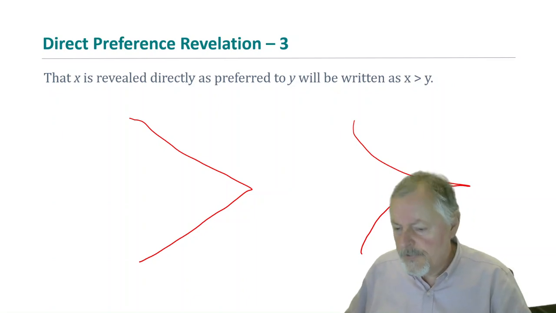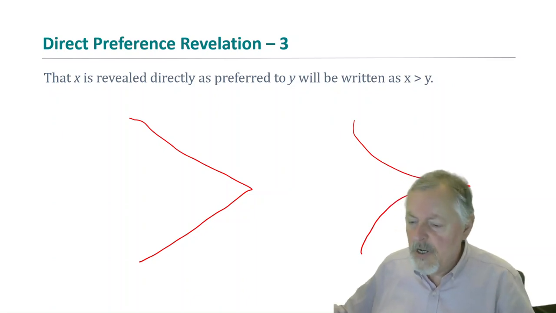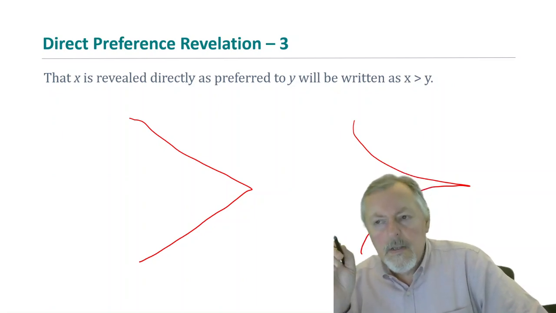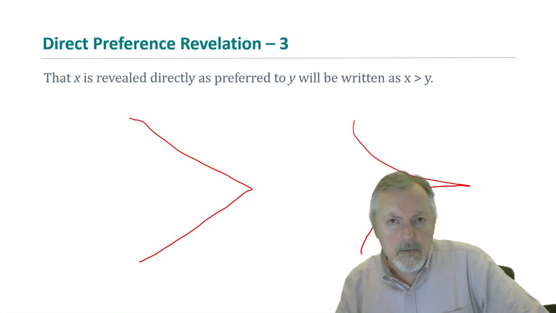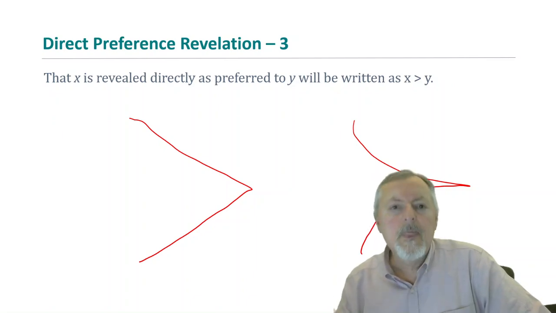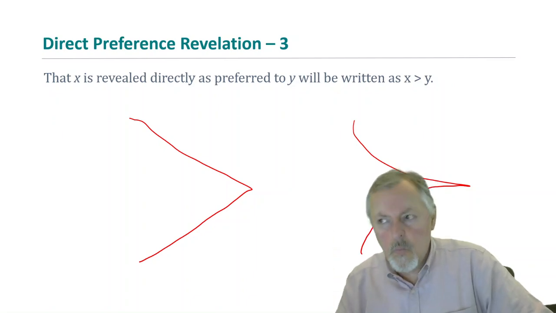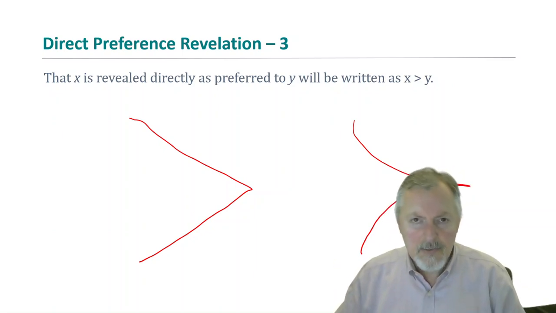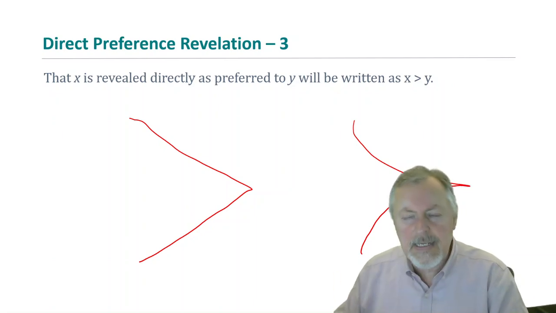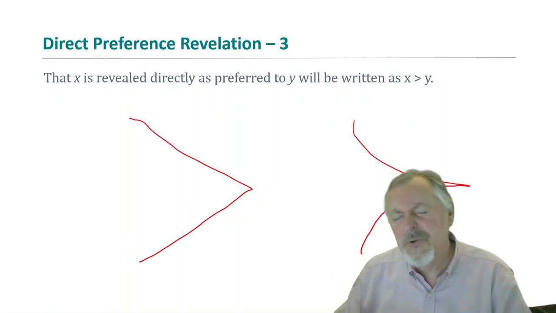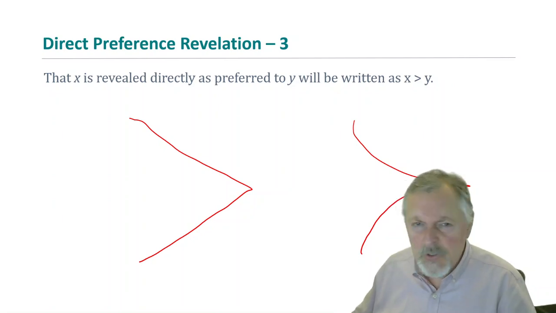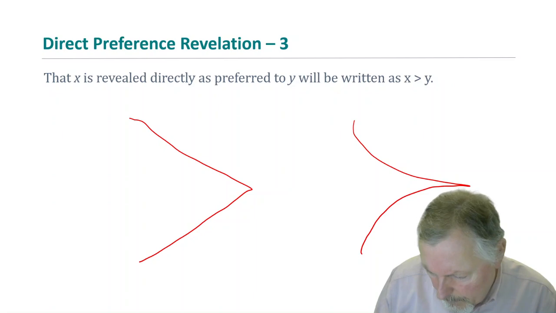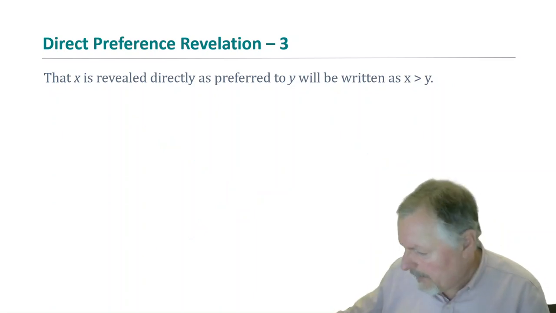The reason we're going to this left-hand notation is that when X is directly revealed preferred to Y, from that, we say that the person derived more utility from X. So if you're talking in terms of utility, it's kind of a quantitative measurement, even though utility is only ordinal. It's traditional that we use that form.